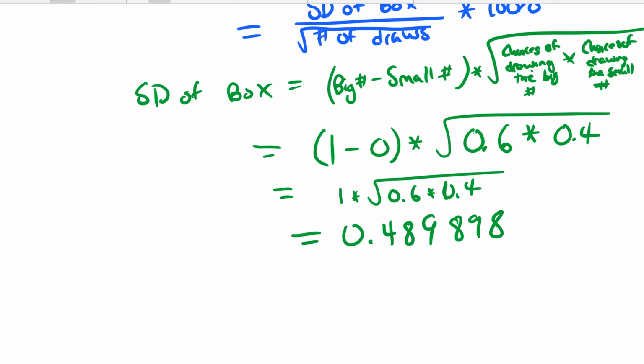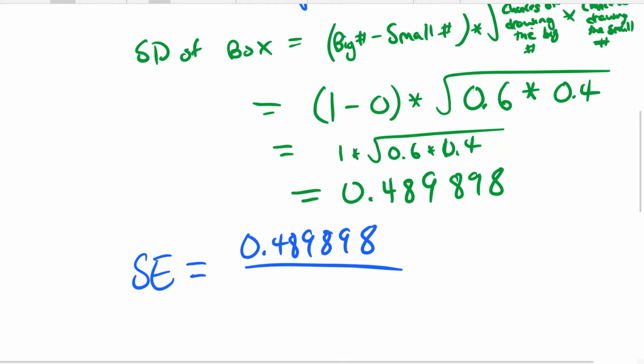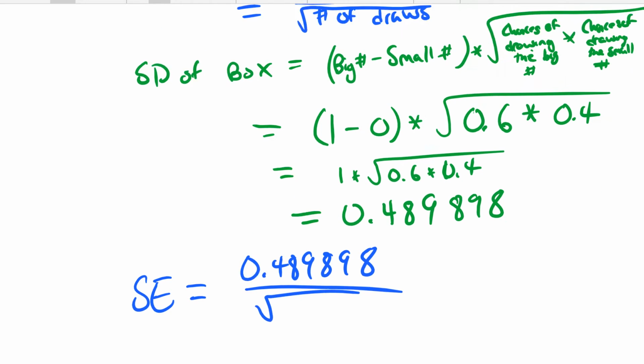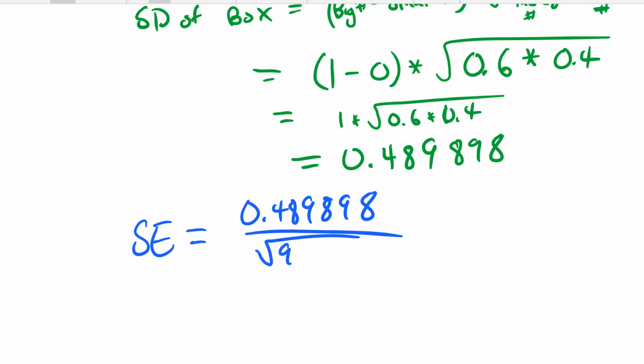We still gotta find the SE. So we take our answer, 0.489898, divide by the square root of the number of draws, which is the sample size of 900, times 100.